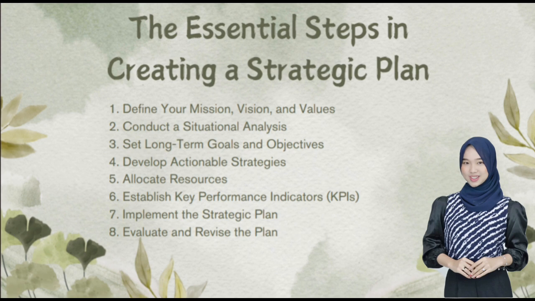6. Establish key performance indicators. KPIs, key performance indicators, are essential for measuring progress towards strategic goals. KPIs should be aligned with the objectives set in the plan and provide measurable data that indicates whether the organization is on track to meet its goals.